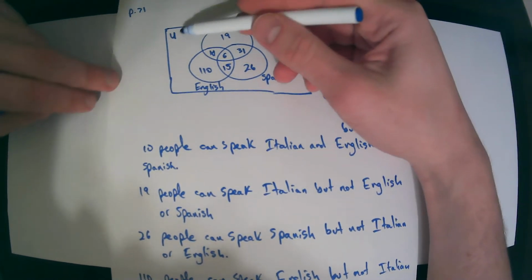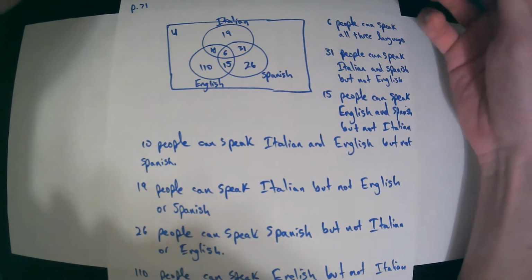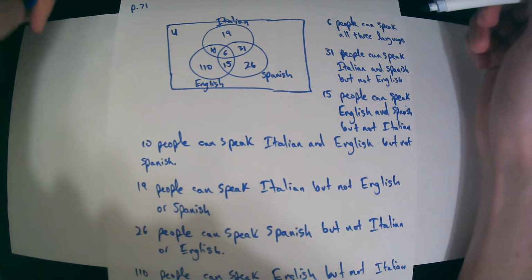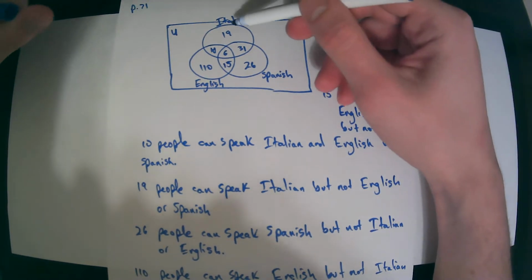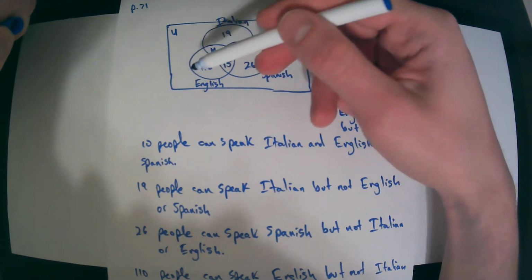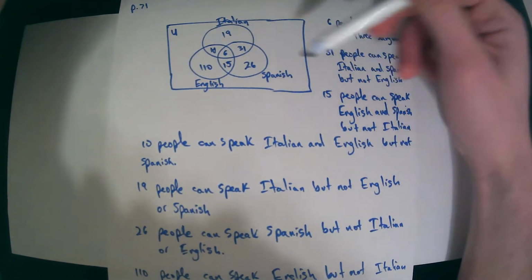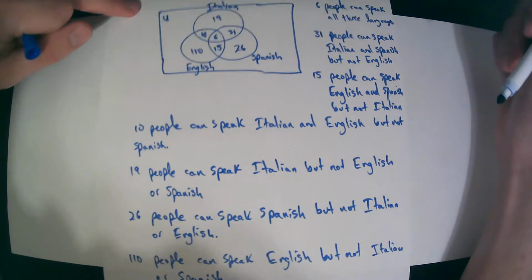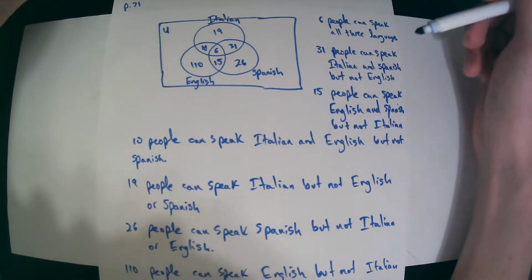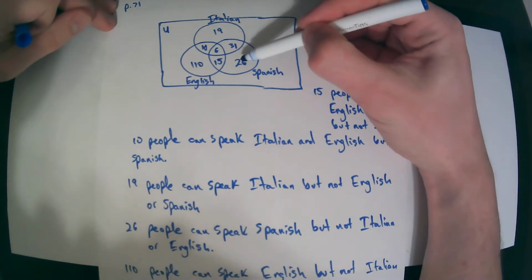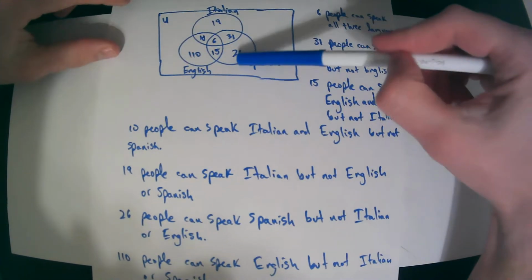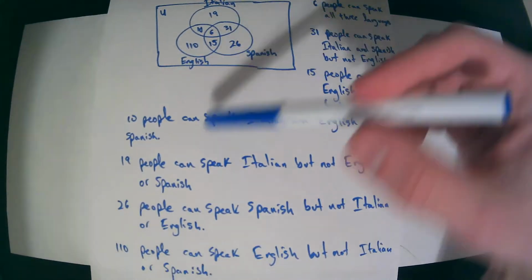But there's no mention of those people out here, so it's assumed that every single person that was surveyed gave back an answer that made them fall into either Italian, English, or Spanish, or some other combination, all three, maybe. Okay. So that is how we interpret each of these positions on the Venn diagram. The key thing to keep in mind is that these all mean different things. Each spot is distinct from one another.